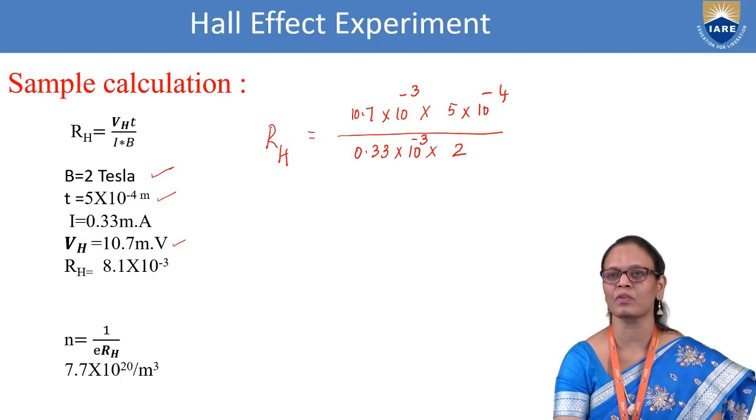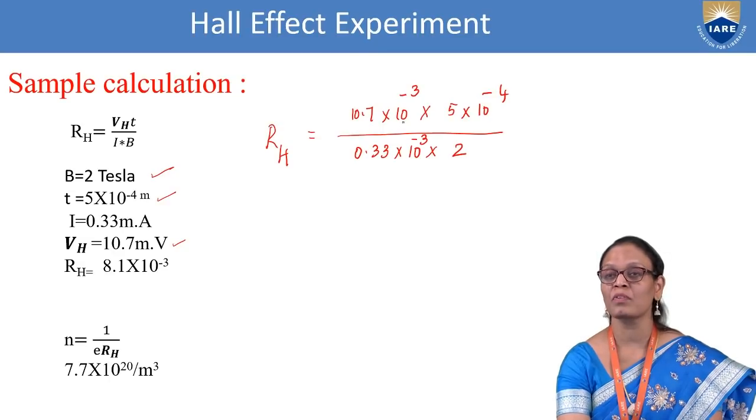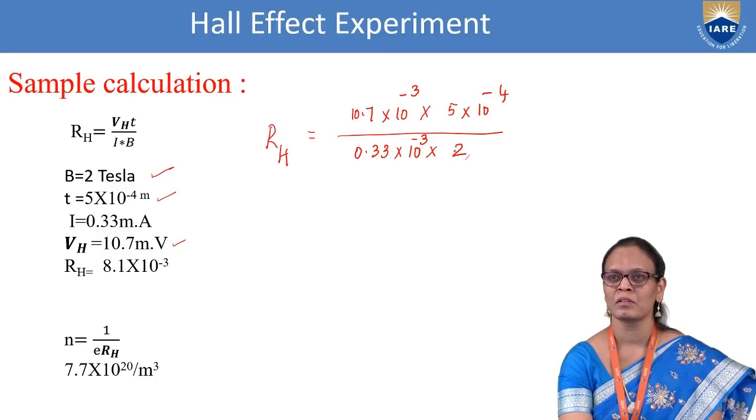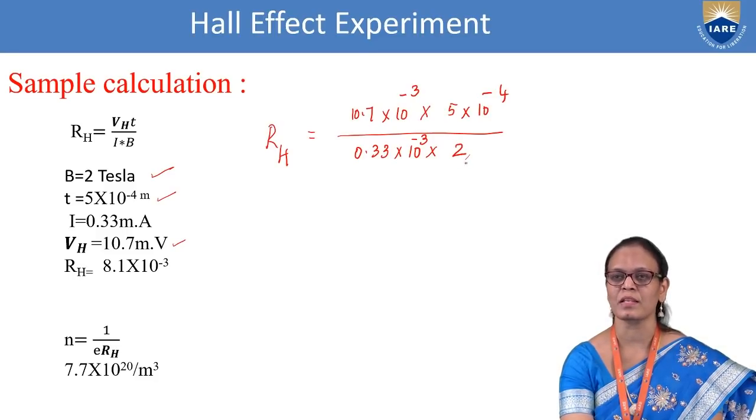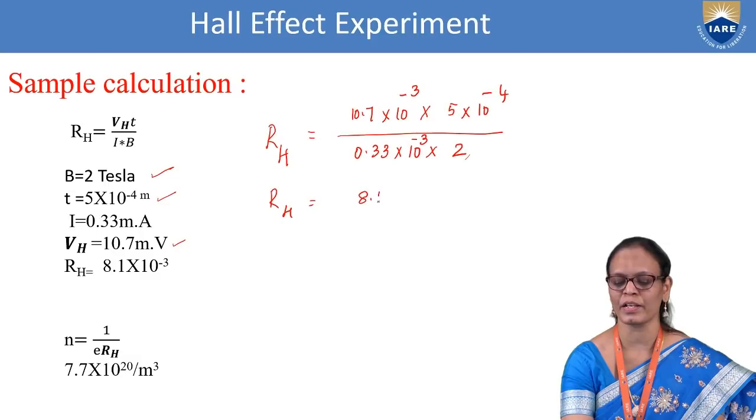So this is in SI units. You just substitute the values: voltage converted into volts, thickness in meters, current in ampere, and the magnetic field B, 2 Tesla. If you simplify all this, you will get the value of RH as 8.1 into 10 power minus 3.